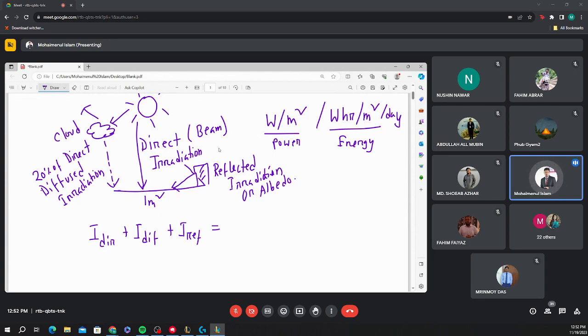Global horizontal irradiation, we can say G, or I global horizontal irradiation. As the surface is horizontal, that is called global horizontal irradiation. Is it clear to you? Any question?